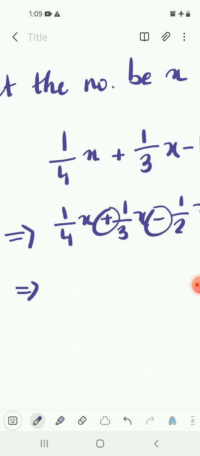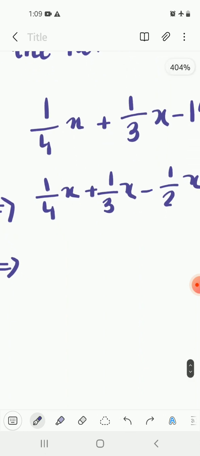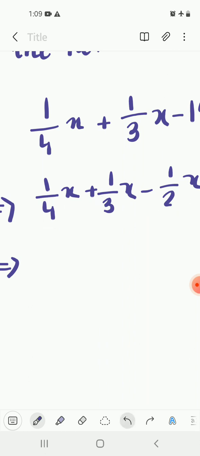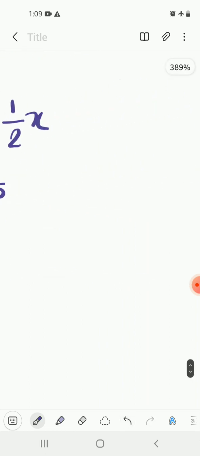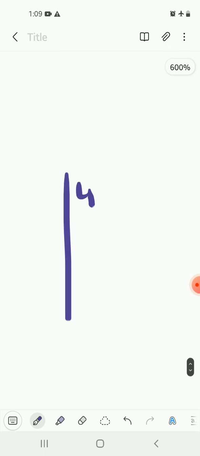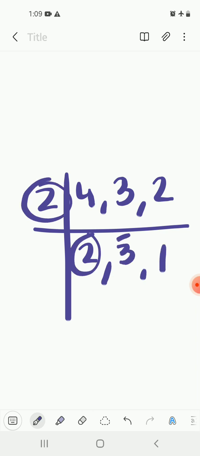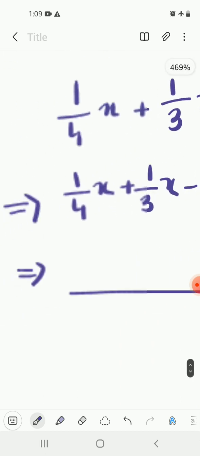The operation is addition and subtraction, so we need to perform an LCM. LCM of 4, 3 and 2. So 2 into 2, 4 into 3, 12. So 12 is my LCM.